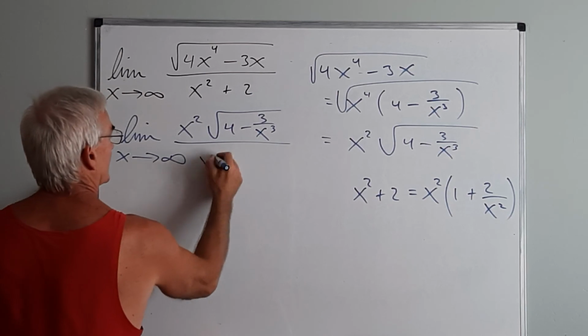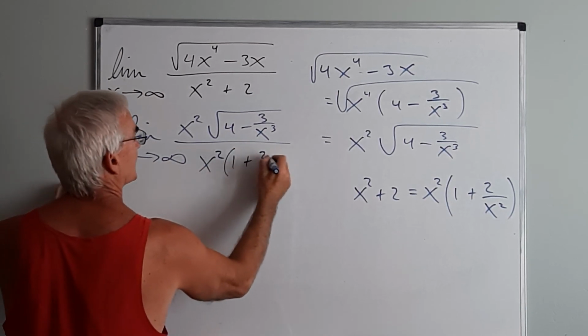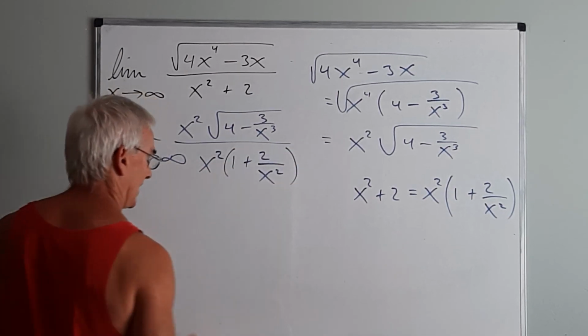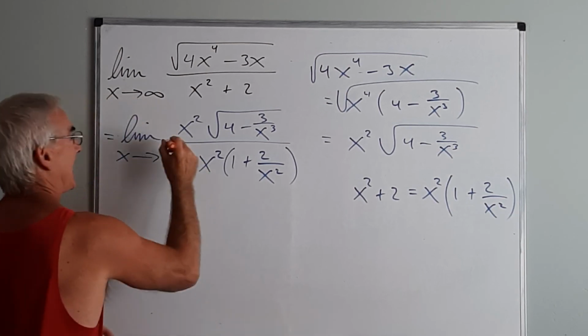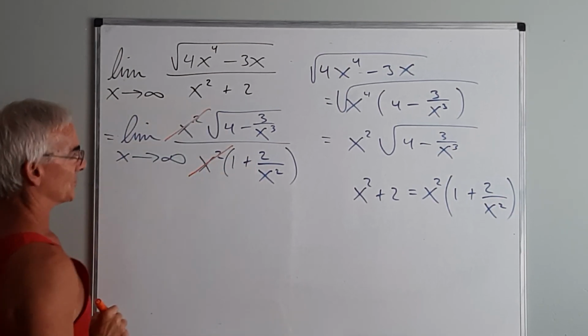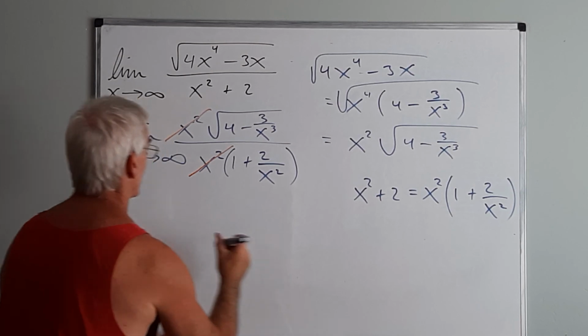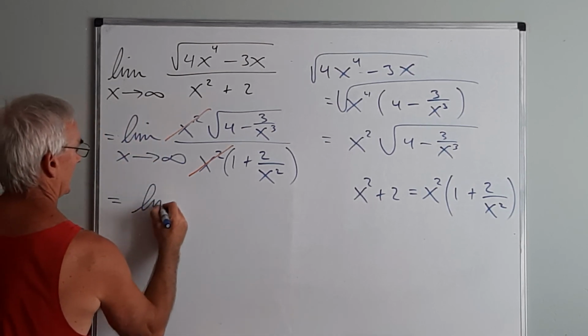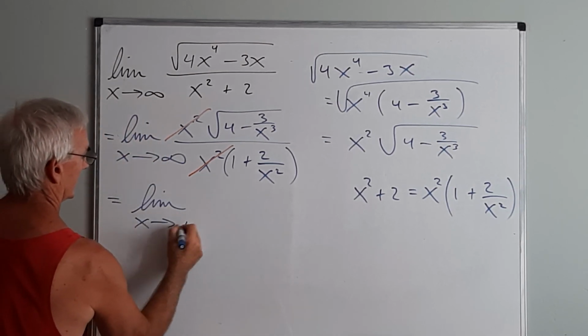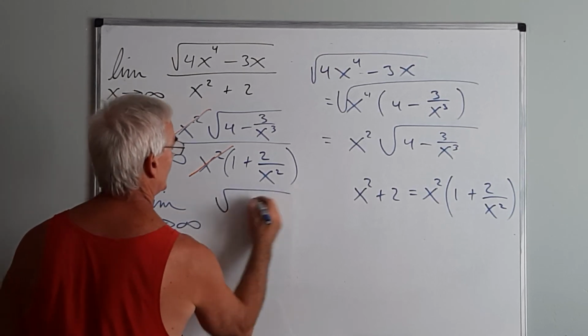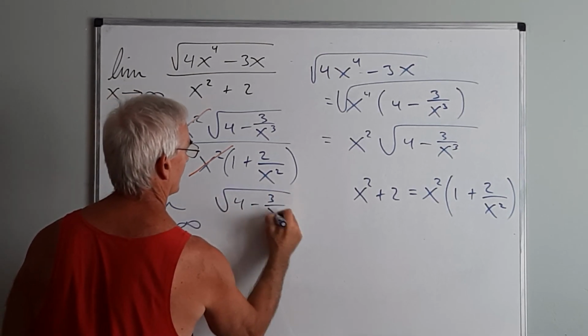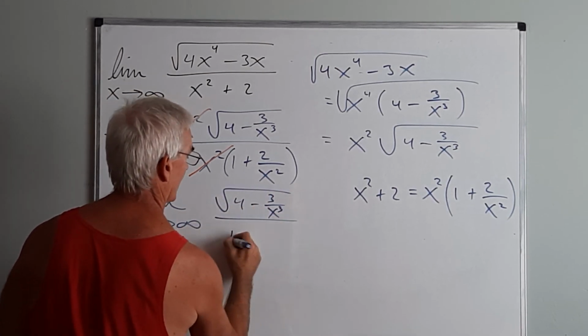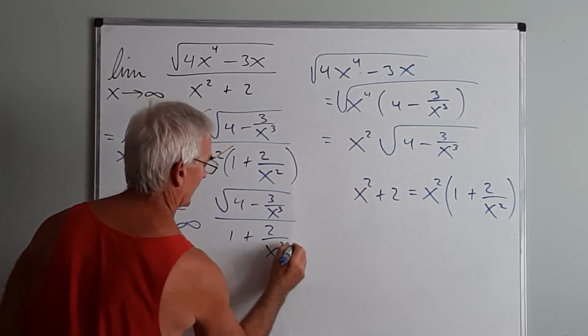So my denominator is x squared times 1 plus 2 over x squared. And now notice I can cancel the x squareds. So when I do that, what I'm left with, I have the root on top. I have 1 plus 2 over x squared on the bottom.